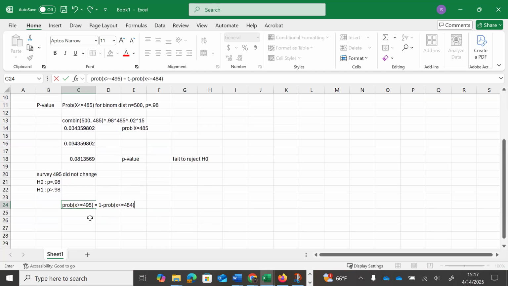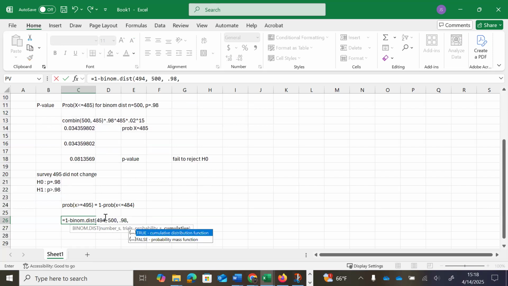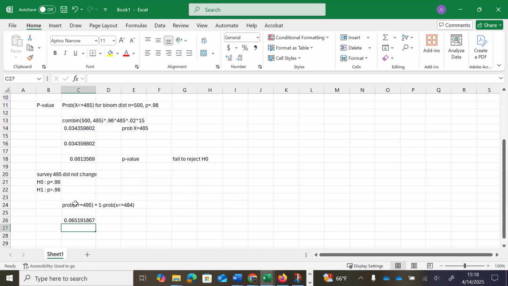So we would just do equals 1 minus BINOM.DIST 494, 500, 0.98, and 1. Sorry, just had a little typo.